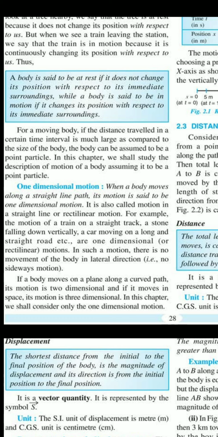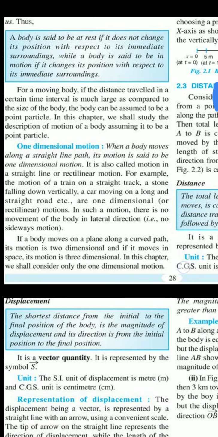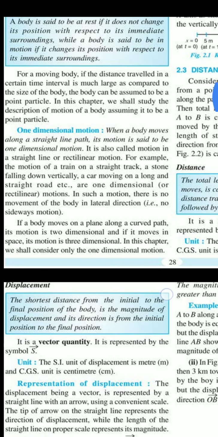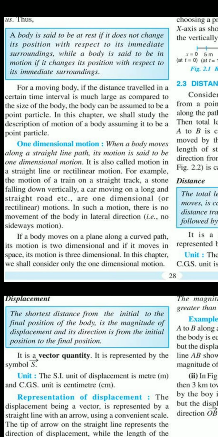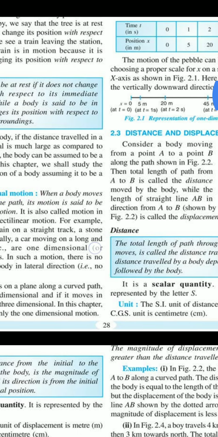And then we have to talk here about one dimensional motion. When a body is moving along a straight line path, then we say that it is in one dimensional motion. When it is moving in a straight line, not changing the direction, then we say that the body is in one dimensional motion, right?